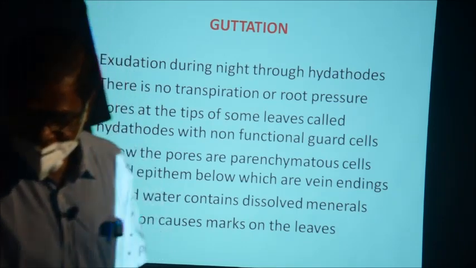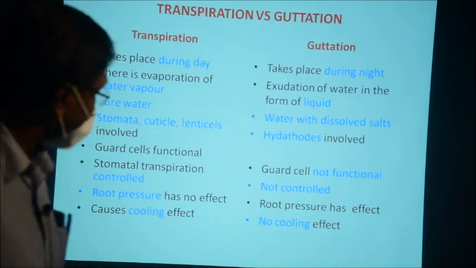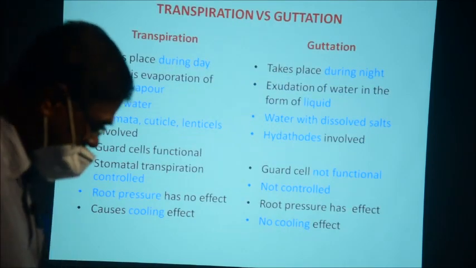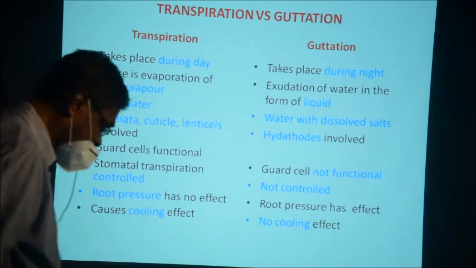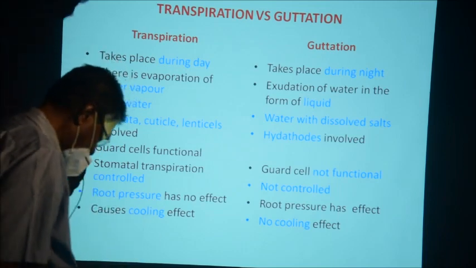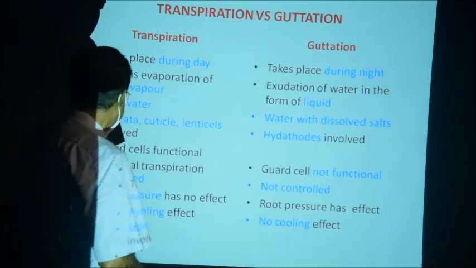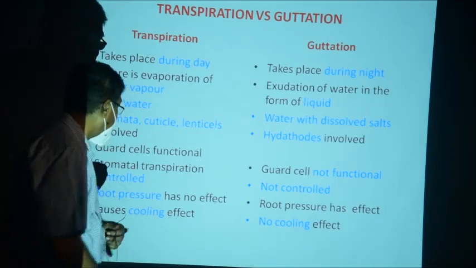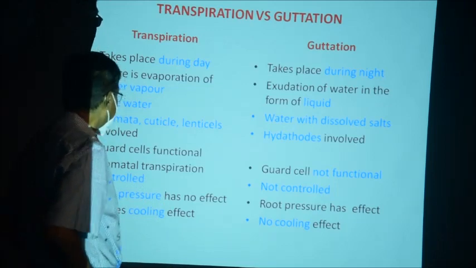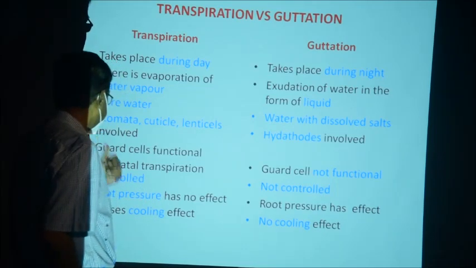Now, the water that comes out because of guttation contains minerals, whereas the water that comes out due to transpiration is pure water. Transpiration takes place during daytime and guttation takes place during night.